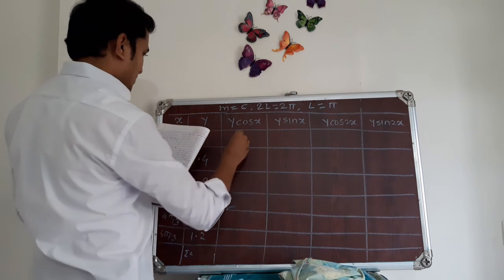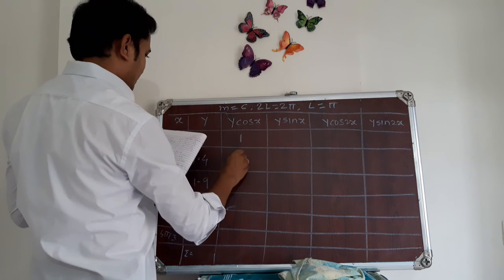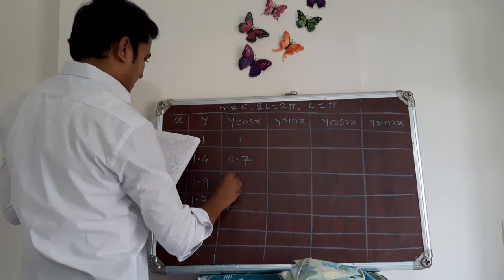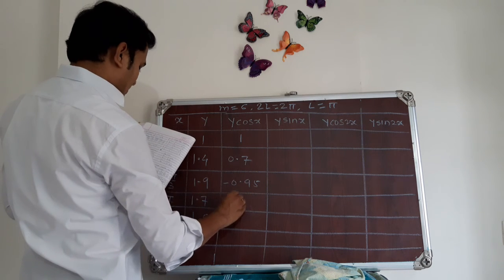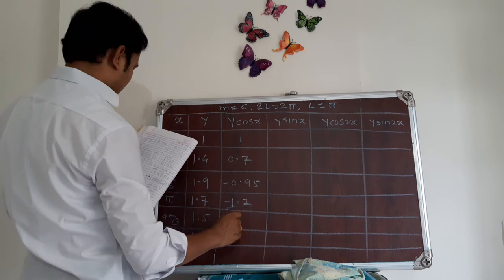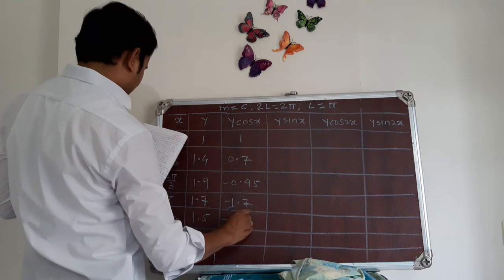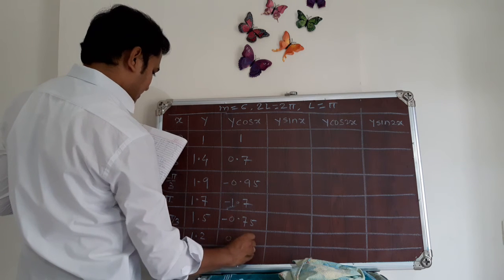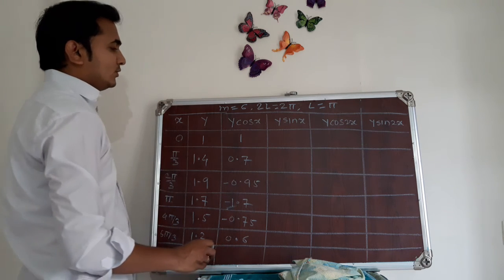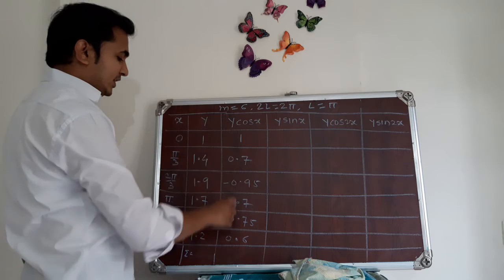So that becomes 1, 0.7, minus 0.95, minus 1.7, minus 0.75 and lastly 0.6. To calculate a1 you need its summation.